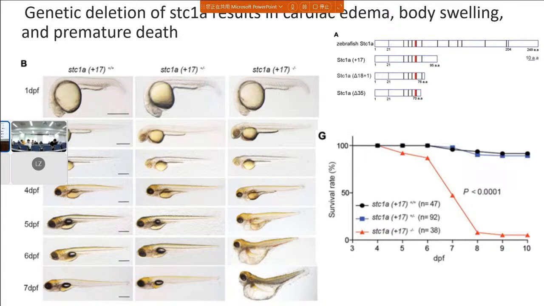By day 6 and 7, the mutant fish develop severe body edema and reduced survival rate. This finding shows that although STC1A did not affect the embryo's patterning and growth, it is critical for the larva's survival.